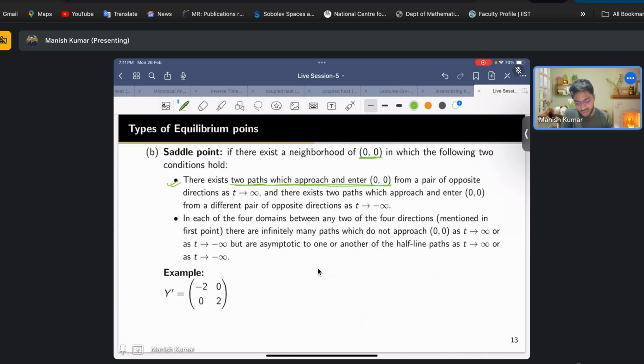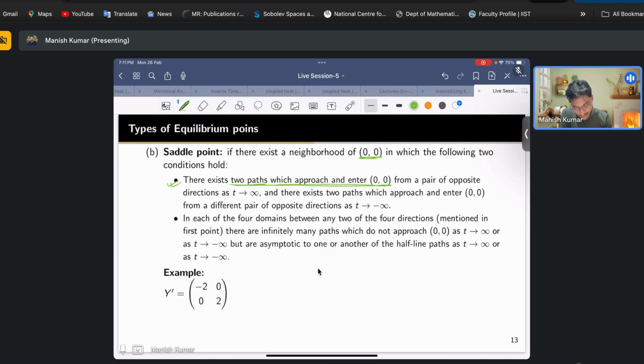There should exist two paths which enter (0, 0) from opposite directions. If one is coming from here, the other should come from the opposite side. So it should be like this or this. This should be the curve path. This is the first condition.